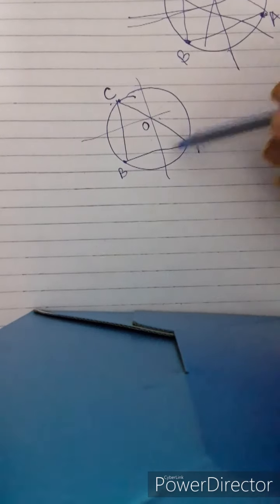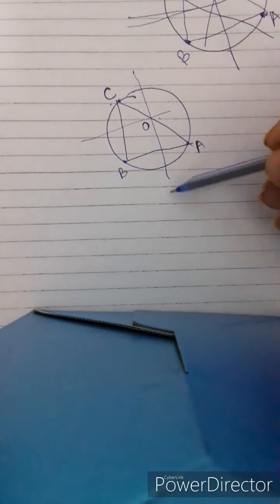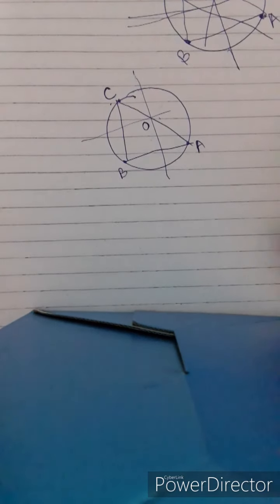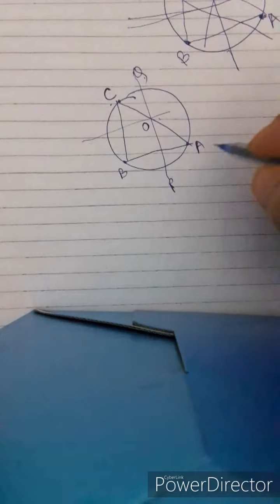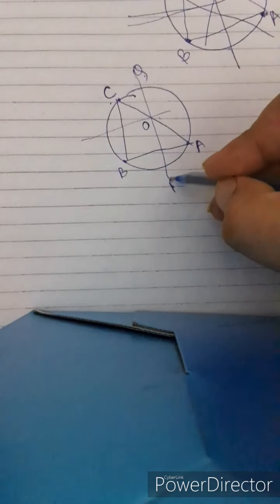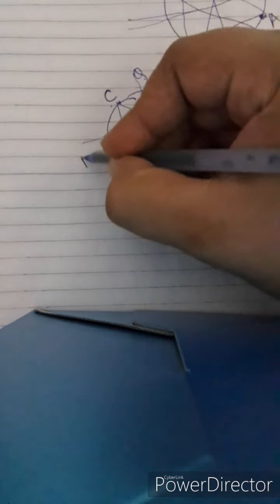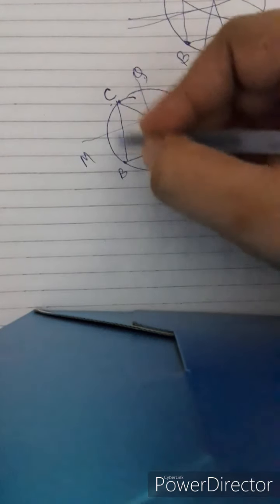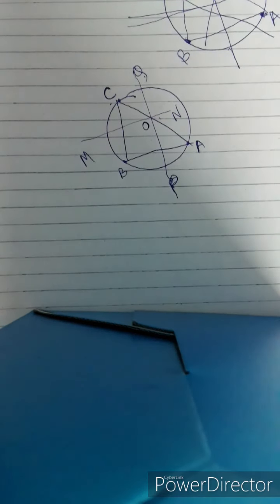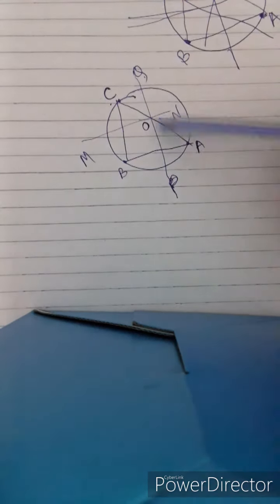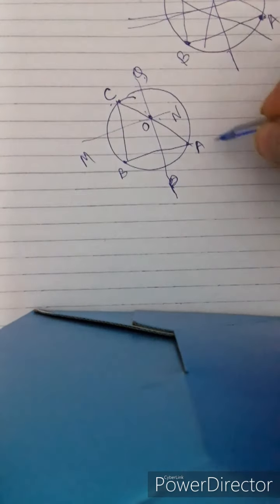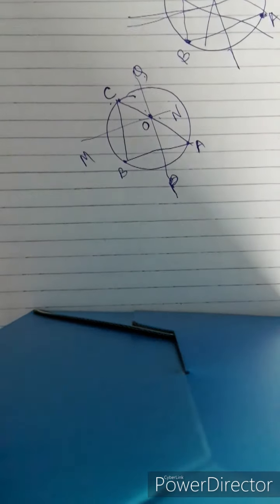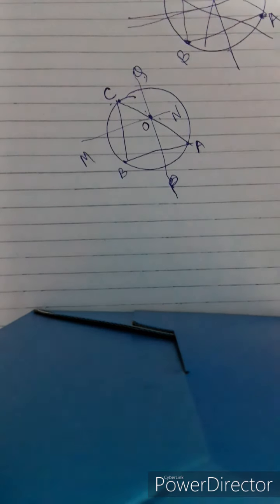This is the perpendicular bisector of AB. Let this be PQ. PQ is the perpendicular bisector of AB and MN is the perpendicular bisector of BC. The perpendicular bisectors intersect at point O and we join OA, OB and OC. We have made the construction like this.